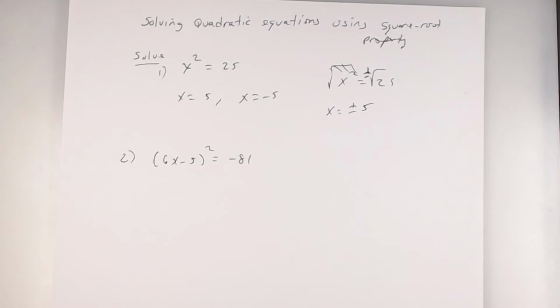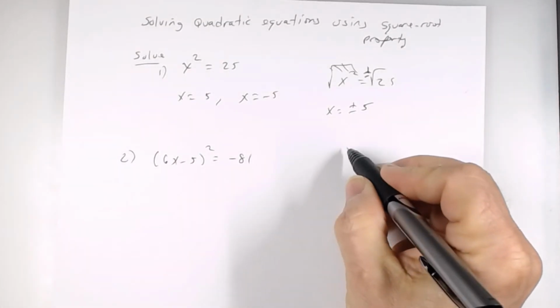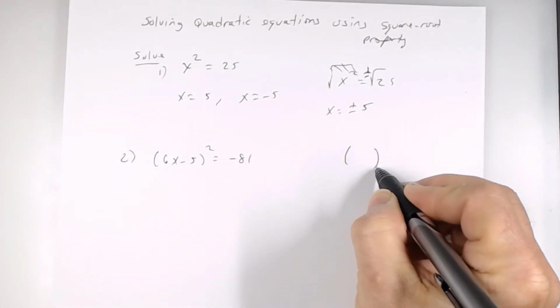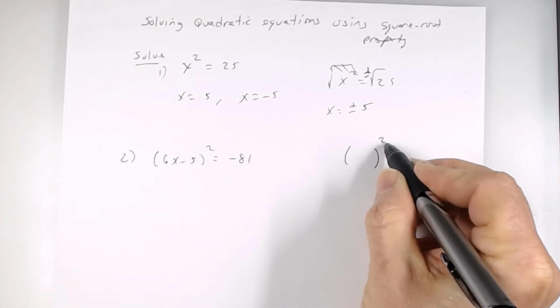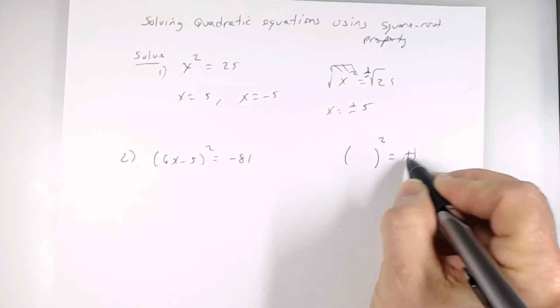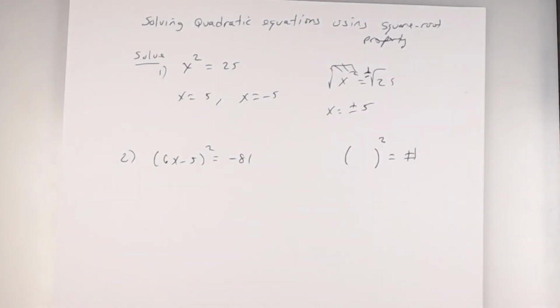So the generalization is this. If you're going to use the square root property, if you're going to take the square root of both sides, it's got to look like this. You've got to have some expression squared equal a number, a constant. A constant has to be on the other side.